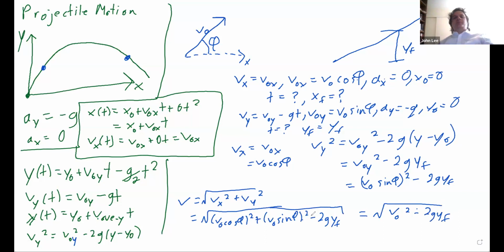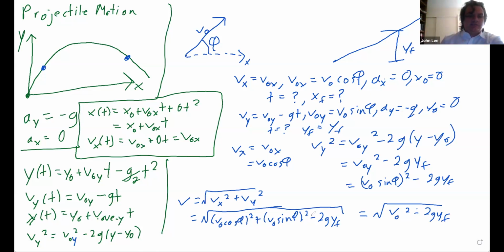Because if you remember, cosine squared phi plus sine squared phi, I think I accidentally went over this in class when I said I would just leave it alone, but using the Pythagorean theorem, cosine squared phi plus sine squared phi is equal to 1.